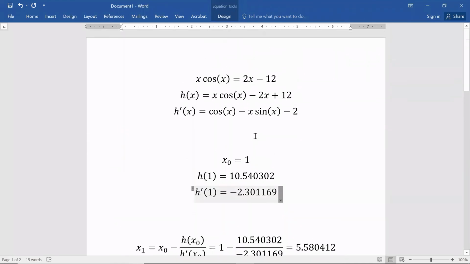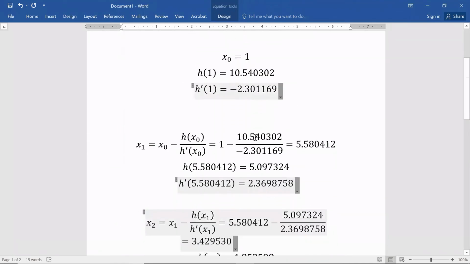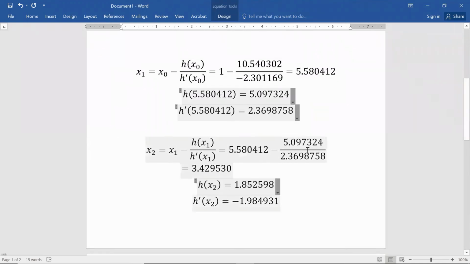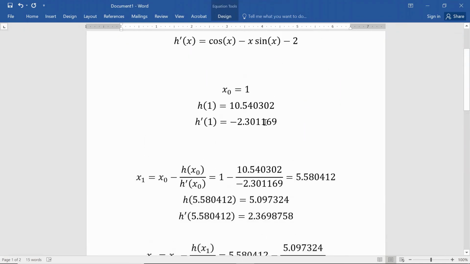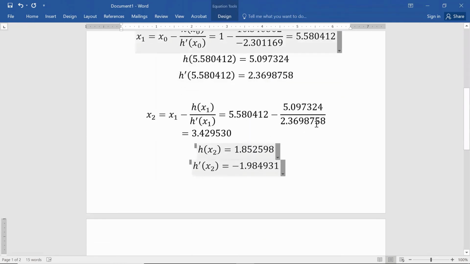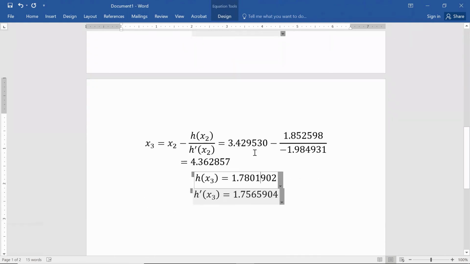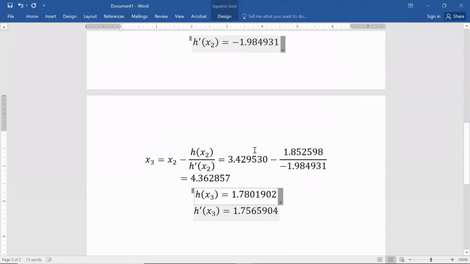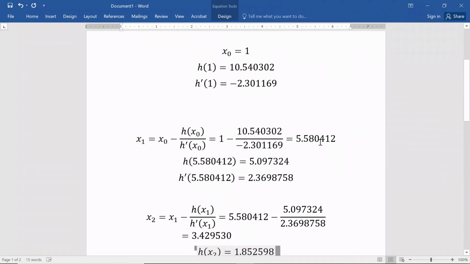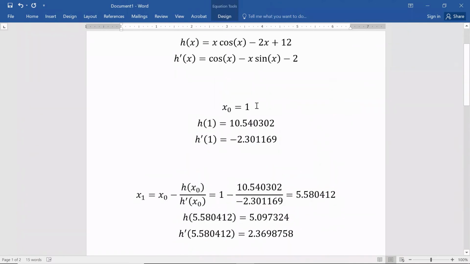In other words, let me restate this. We started at 1, and then we went up to 5.58.